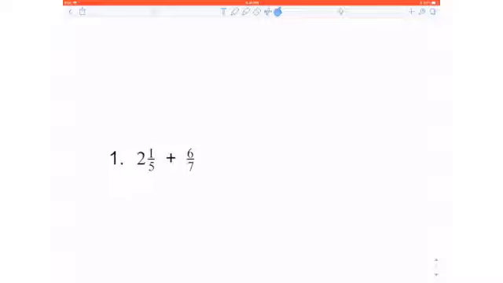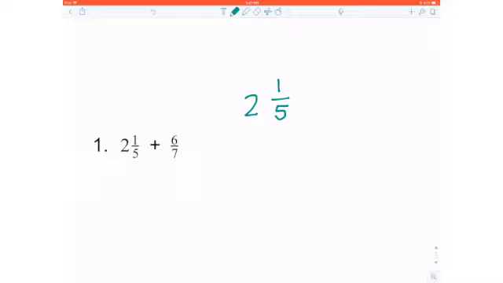And let me zoom in here. When we're going to add them, it's almost like we have to take an inventory and separate the whole numbers from the fractions themselves. So here we have 2 1/5. I like to line them up this way, just so it's easy. So I'm going to draw, you know what, let me do it in another color for you.